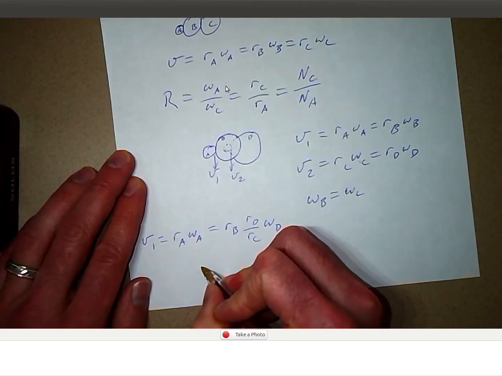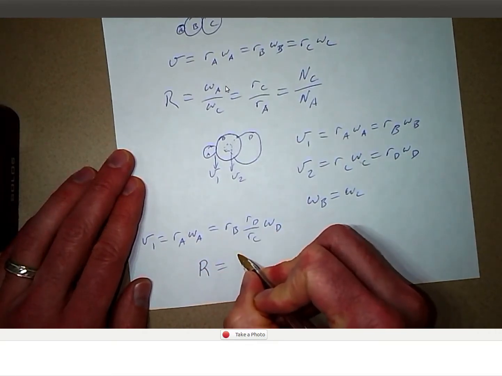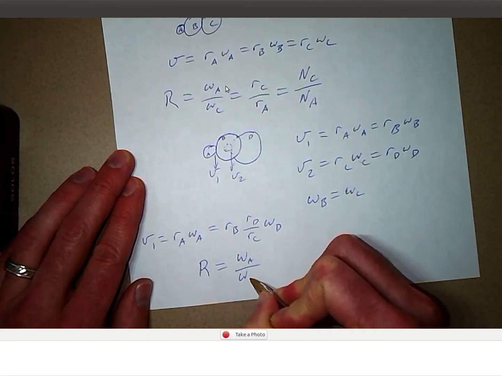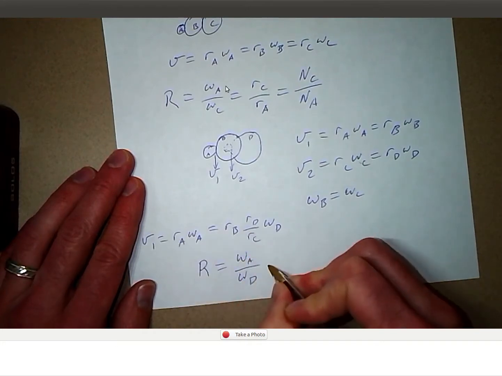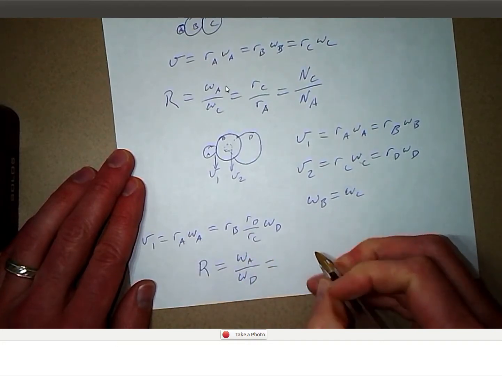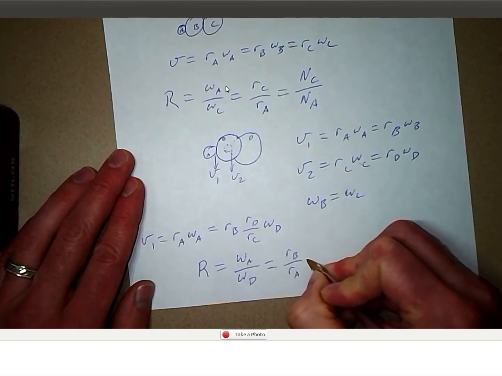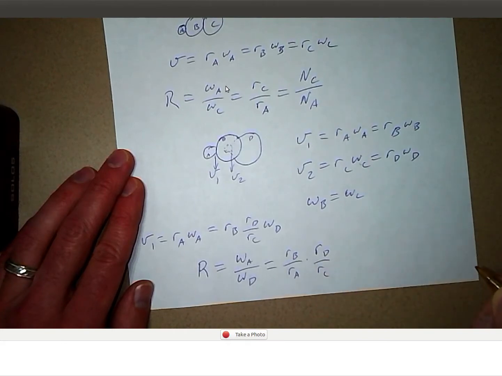And so our gear ratio for this compound gear train is defined as the speed of the input divided by the speed of the output, which from this equation we find is RB over RA times RD over RC.